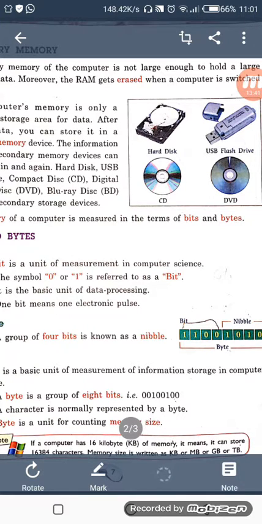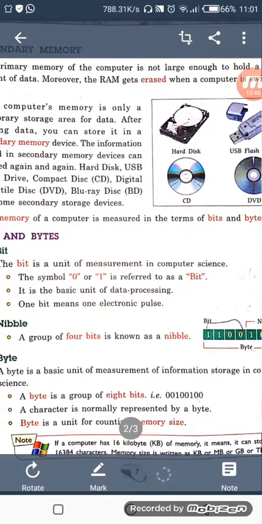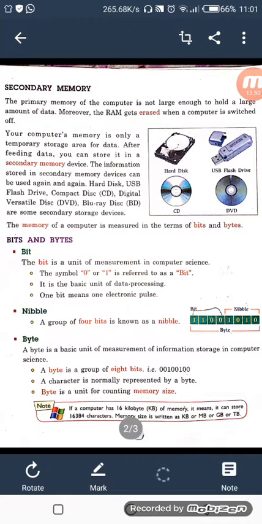Only one digit, either 0 or 1, is called a bit. 1 bit means 1 electronic pulse. You got it? I will give you a paper which will be easy for you to understand, with bytes and nibbles and all. Okay, either 0 or 1 is called a bit.